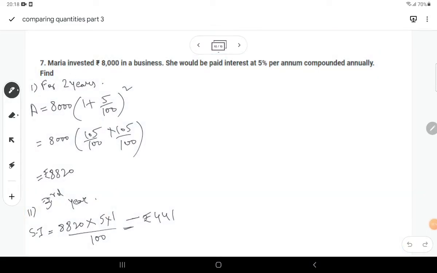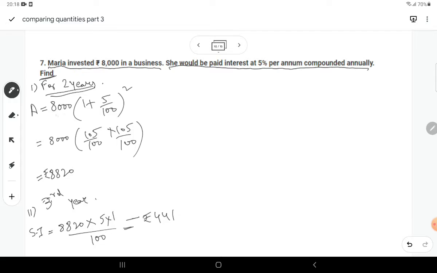Moving on to next question, it says Maria invested rupees 8,000 in a business. She would be paid interest at 5% per annum compounded annually. Find for 2 years.